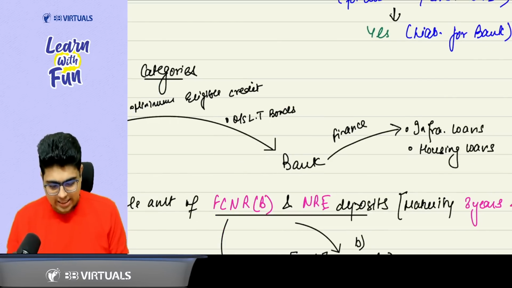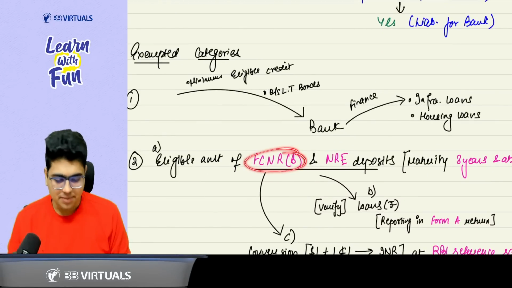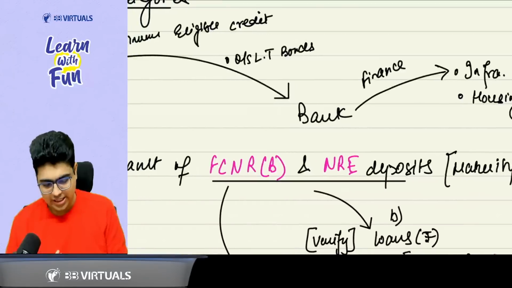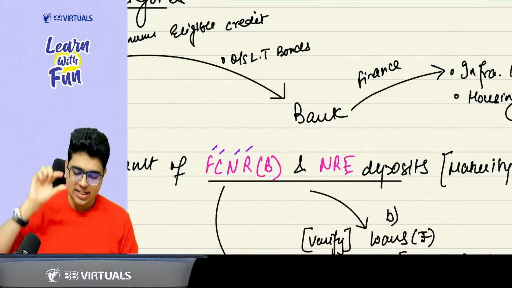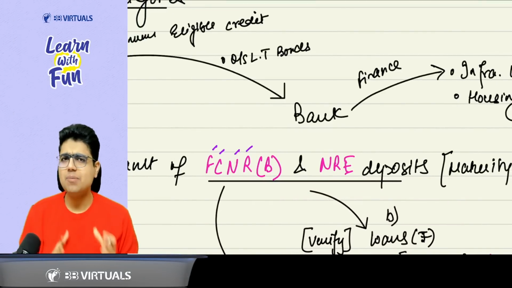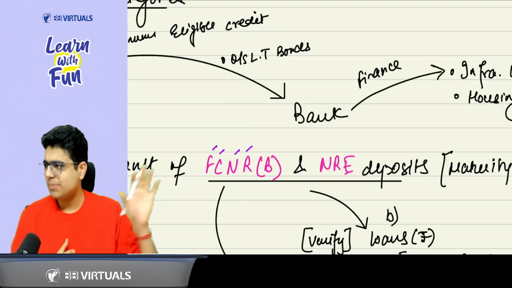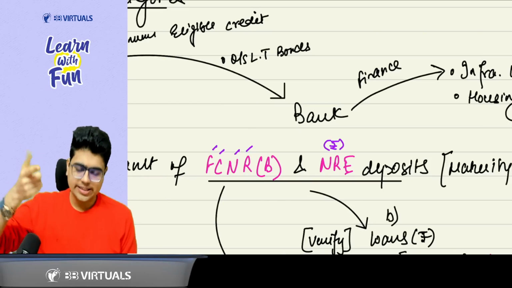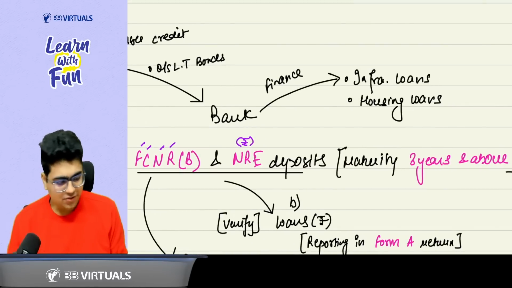Next point says, if there is an eligible amount of FCNR bank account. What is an FCNR bank account? Foreign currency non-resident account, that means any amounts which are receivable in foreign currency like dollar, euro, pounds, will be a part of this account. Or there is an INR account of the non-resident, that is the non-resident external account, which has a maturity of 3 years and above.